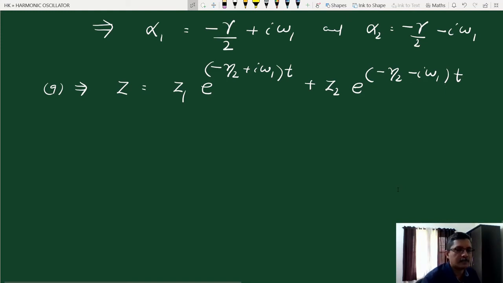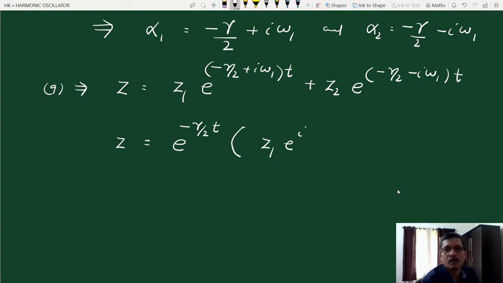Let us simplify this. E raised to minus gamma by 2 into t is common in both cases, so I will take it out. What is the remaining term? z1 e raised to i omega 1 t plus z2 e raised to minus i omega 1 t.